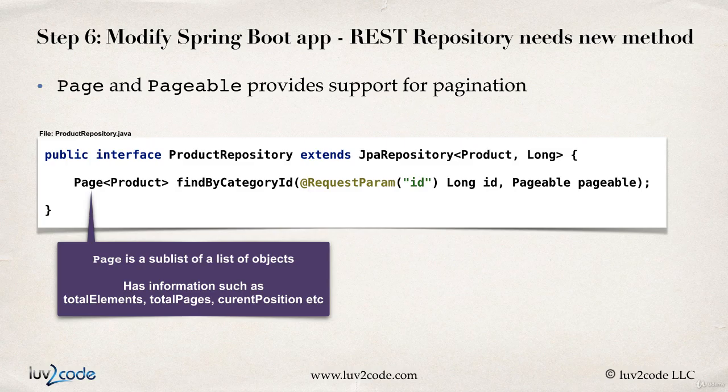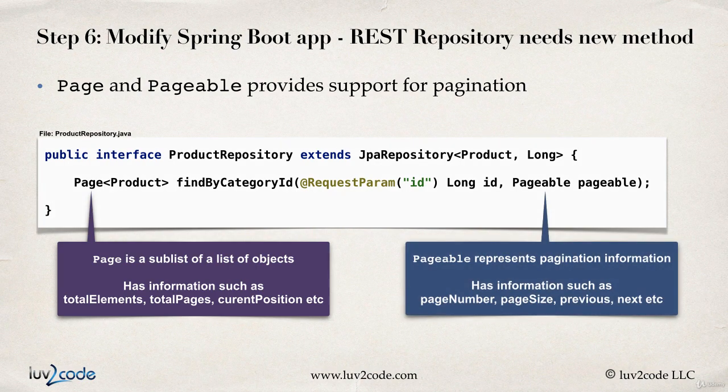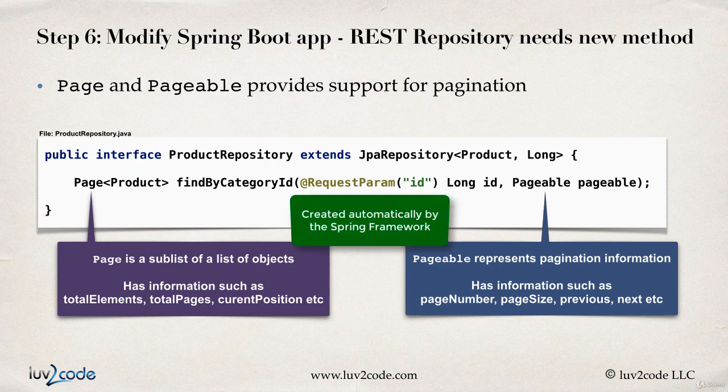This page has information such as total elements, total pages, current position, and so on. And then we also have this Pageable. Pageable represents pagination information. It has information such as which page number to go to, the page size, the previous reference, the next reference, and so on. And these objects are created automatically for you behind the scenes by the Spring framework.